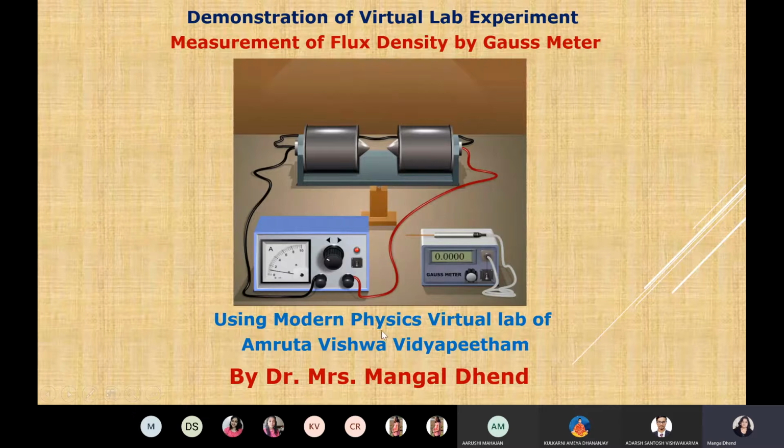And you have to pass current through it. So the current you pass with this device, the current direction, flux direction and strip direction should be perpendicular. Then EMF will be induced in this strip. That is known as Hall voltage, and we'll discuss how EMF is generated here and how this Gauss meter works.